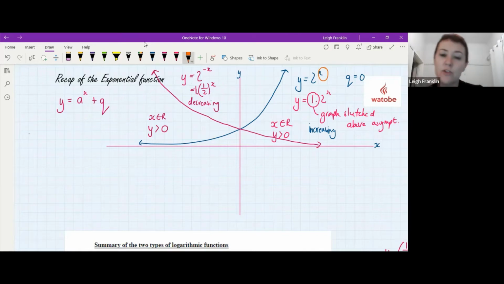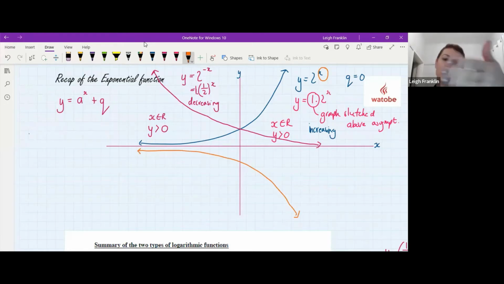Now, again, this is not an inverse function. When we reflect over the axes, these are not inverses. So the blue graph is going to end up looking like that. That's what the blue graph would look like if it was reflected over the x-axis.